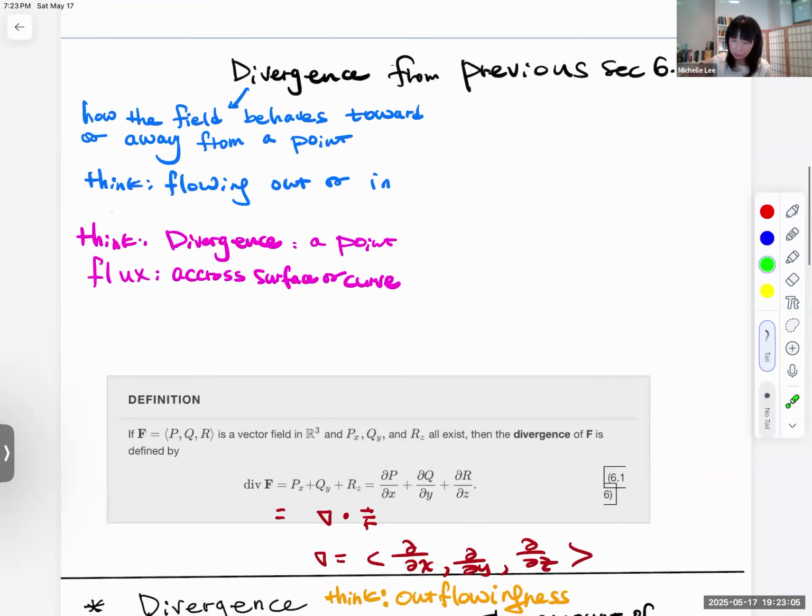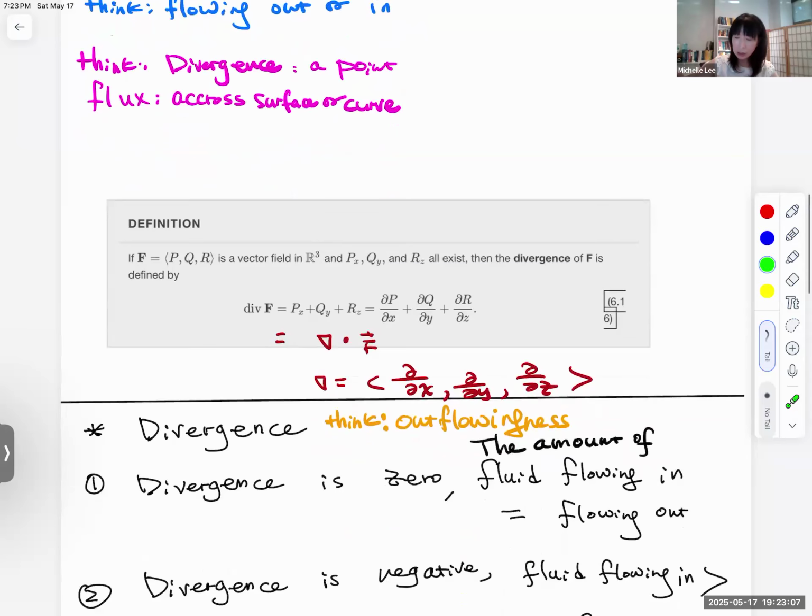Now we had the divergence formula, so we denote that.